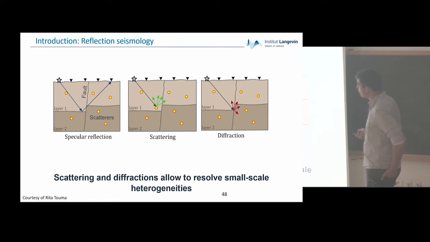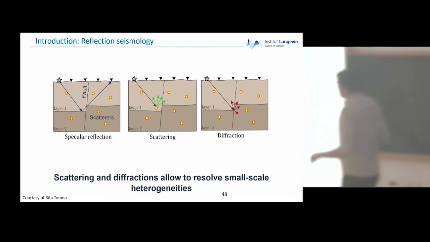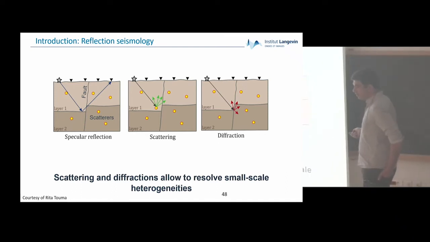You can, of course, detect the interface between geological layers, so we have what we call specular reflections. You can also detect some shorter-scale inhomogeneities, and in that case, I will talk about scattering. And you can also have what we call diffraction. This is what arises, for example, at the corner between two geological layers, typically along a fault area.